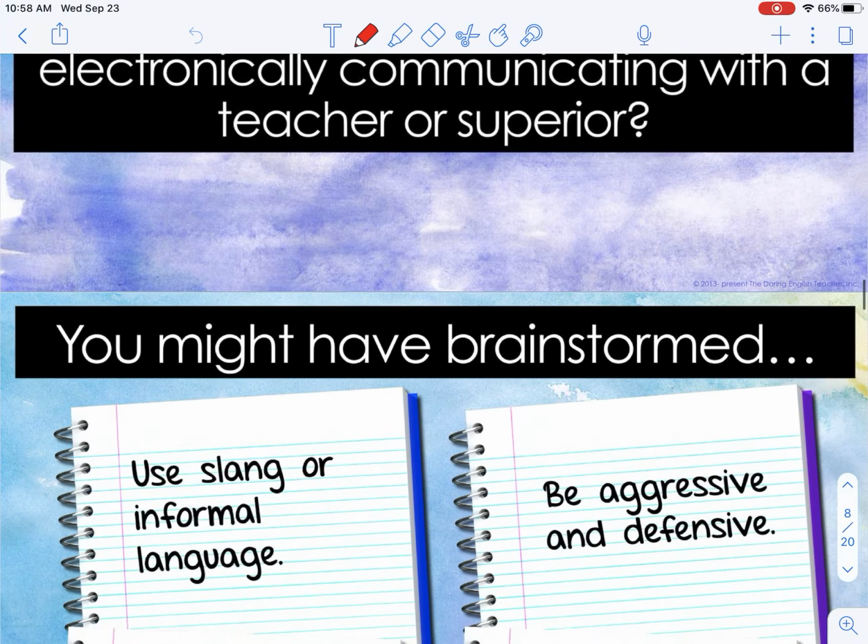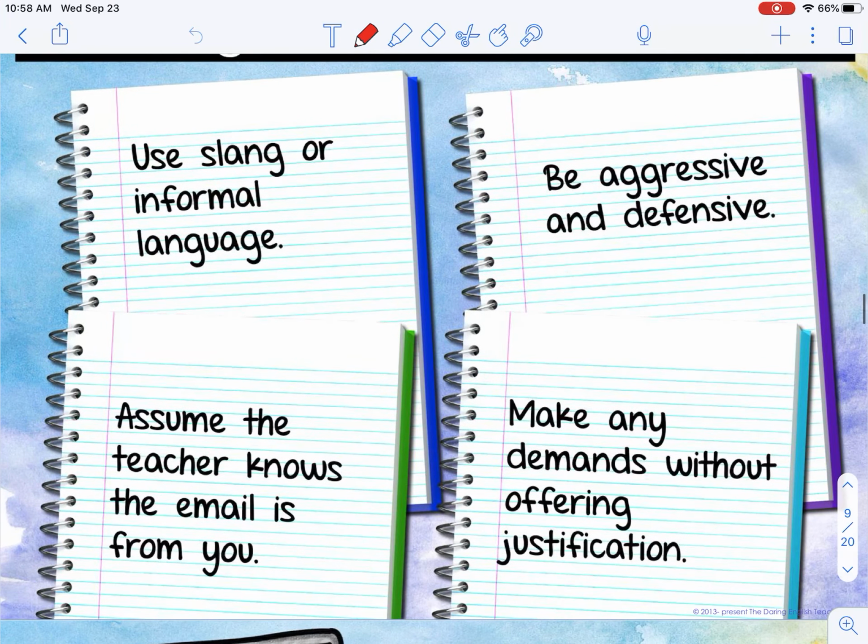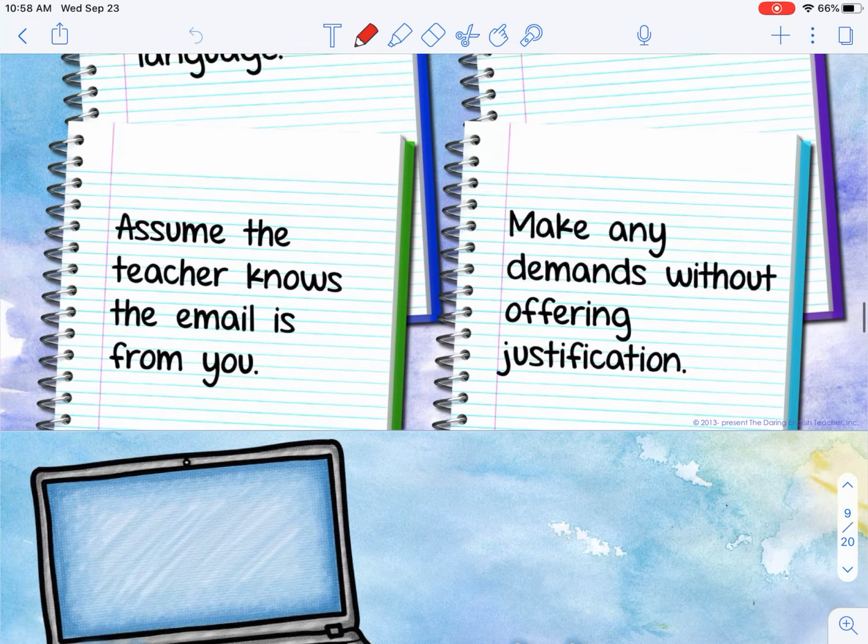You might have brainstormed using slang or informal language, assuming the teacher knows the email is from you. You know, as teachers, we only see some of the letters of your last name and then a bunch of numbers, and we can't always identify who's actually sending us the email. And we also have over 125 different students. You don't want to be aggressive or defensive, and you don't want to make demands without offering justification.